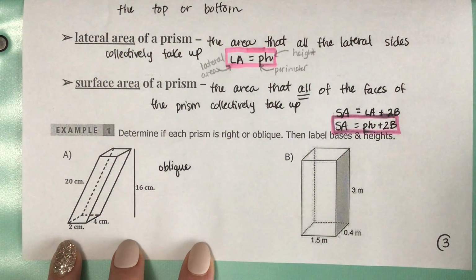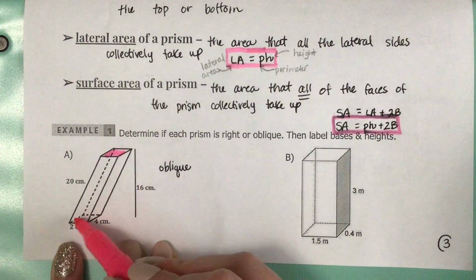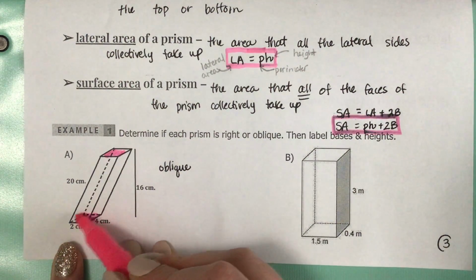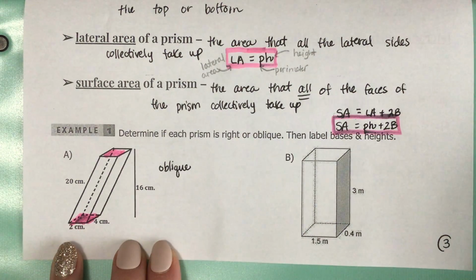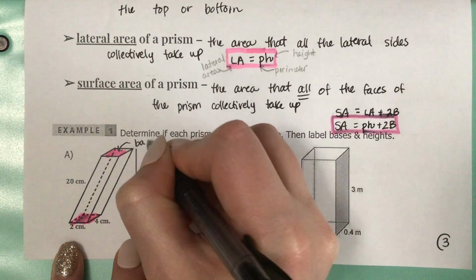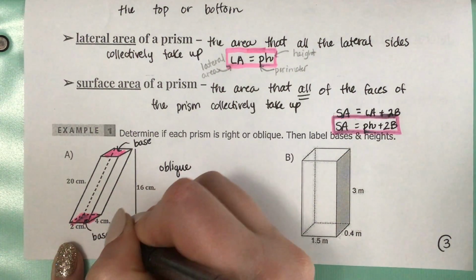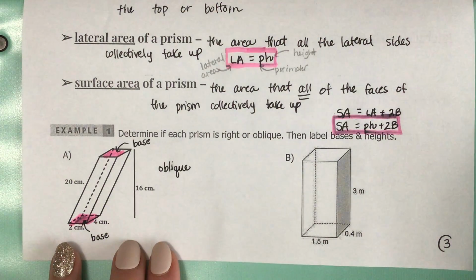Then we need to find its two bases. So the bases are the top and bottom of the prism. So I'm just going to highlight those. These are the bases, and I will label them as well. So this is a base, and that's a base. And then finally, it looks like we have two options, but remember altitude is always going to be perpendicular to the two bases.